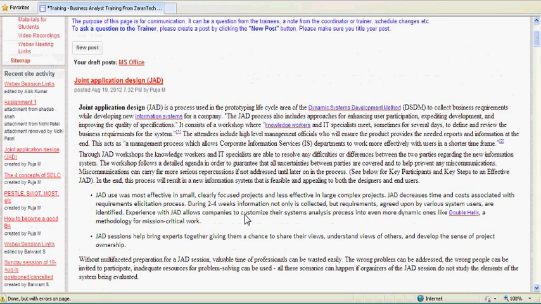Okay, so the first phase will be initiation. If you have any kind of a project that comes in, the initiation phase would be defining the problem. I guess if you have a project you want to make sure that it's feasible, that you have the technology to accommodate whatever solution you're trying to provide.